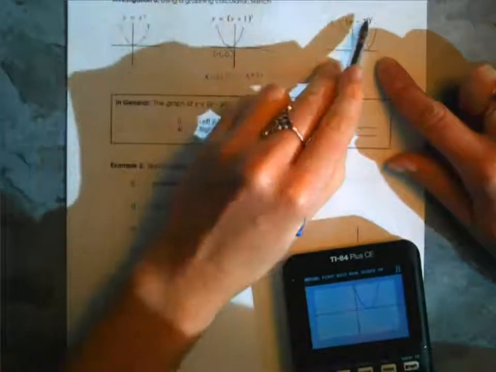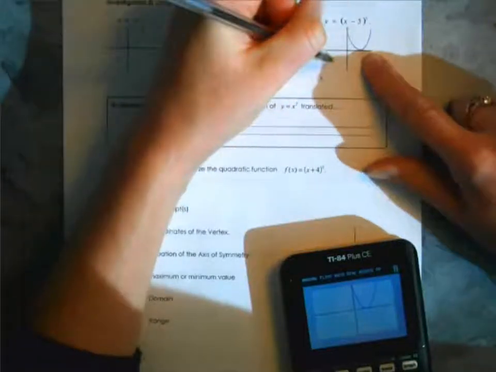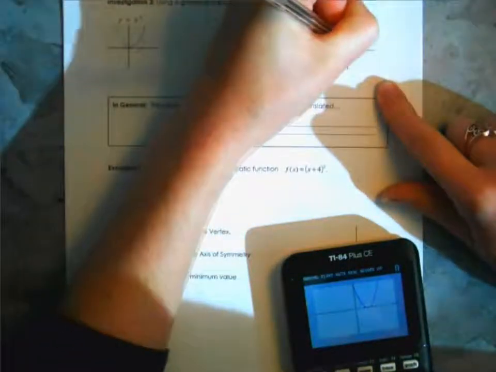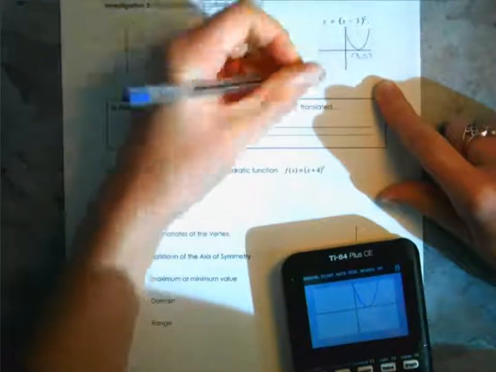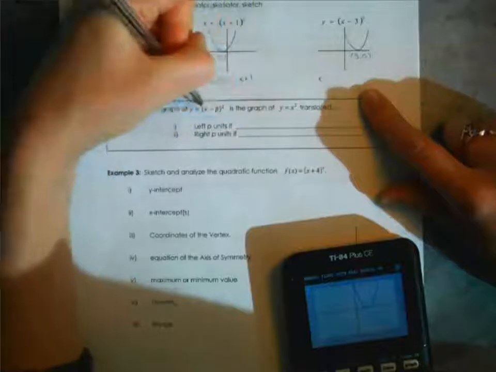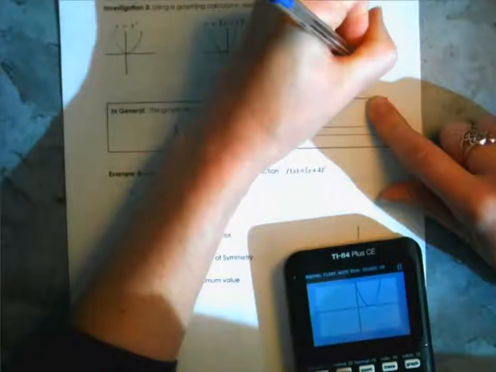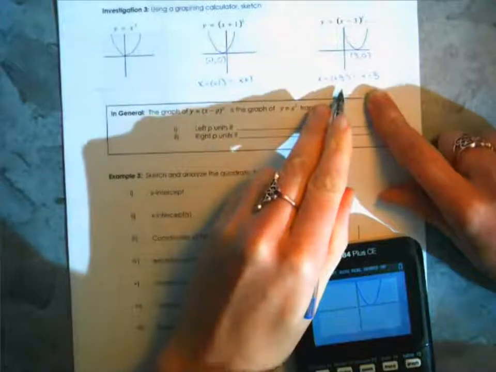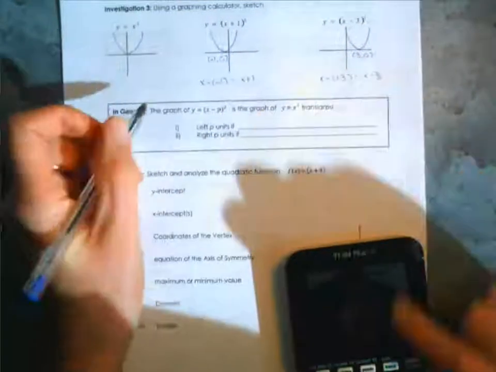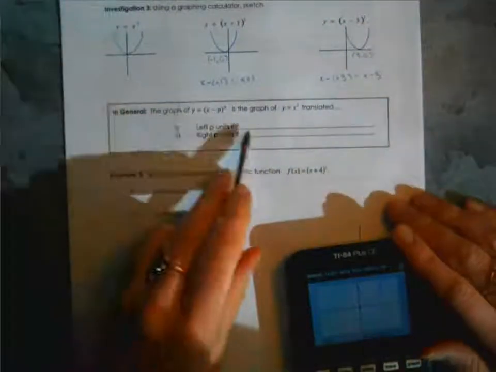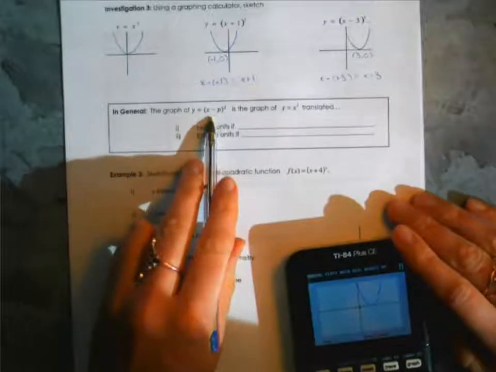What about over here? We have x minus 3. Our point here is +3 and y is 0. So if we're using this formula, x minus +3 is equal to x minus 3. That's why we end up with the opposite values of what we would expect given where the graph moves to.